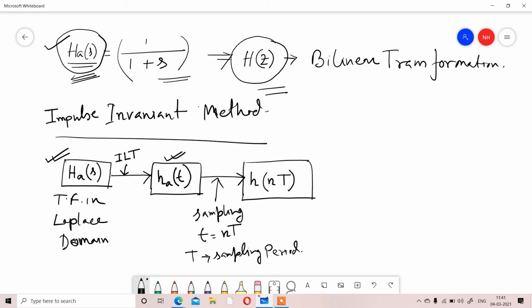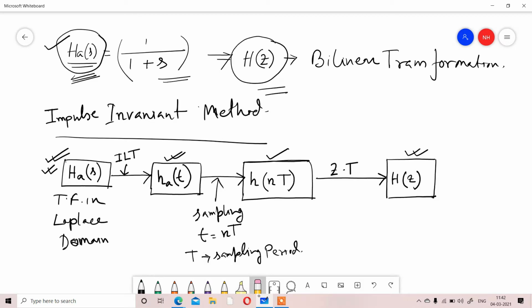Okay, so whenever we get the value of h(nT), that is the sampled version of the signal, you can apply the Z transform over that sampled version and you can get H(z). So that will be your procedure for the impulse invariant method, simply to convert H(s) into H(z). I think it is clear to all of you how to convert H(s) into H(z).